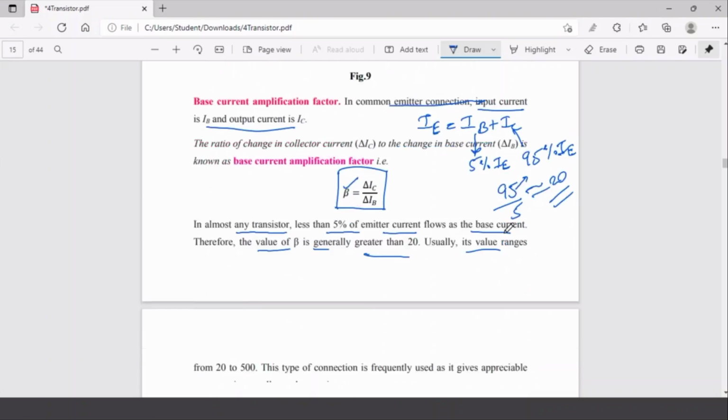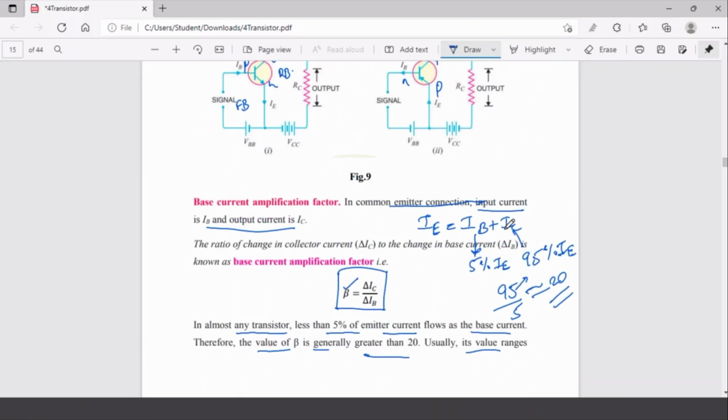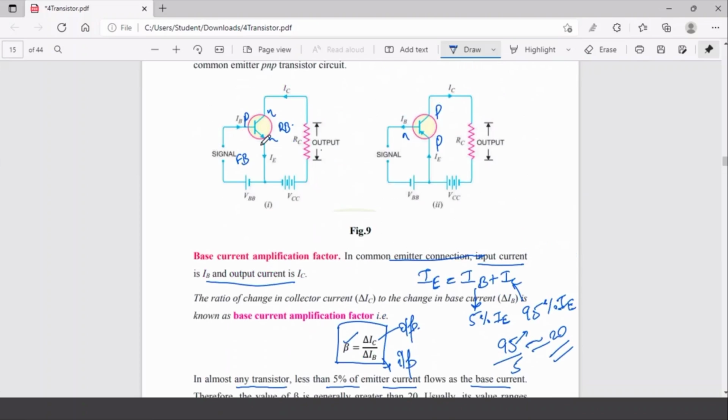Its value for practical transistors ranges from 20 to 500. This is the range of values of beta. So you can see what gain you are getting. In this configuration, IC is the output current and IB is the input current.